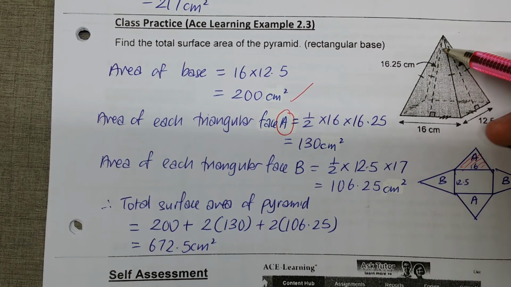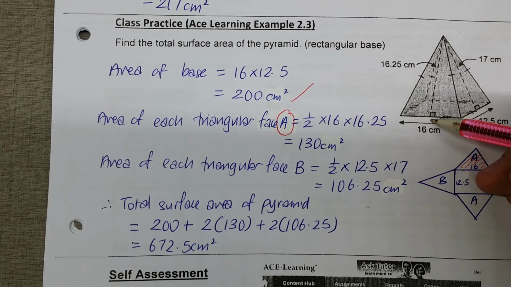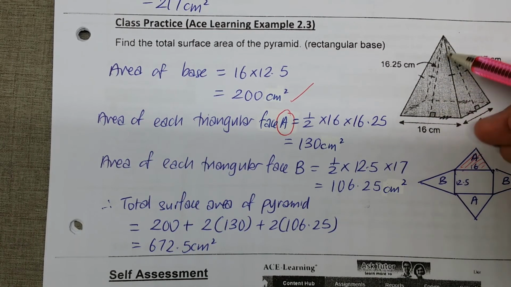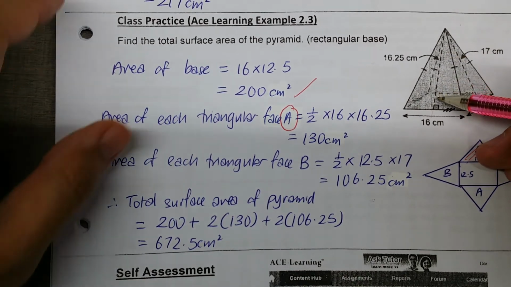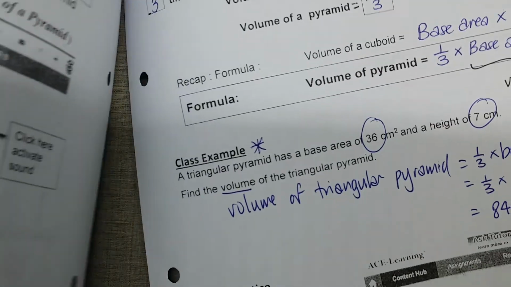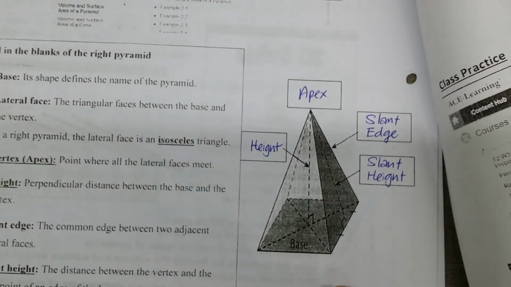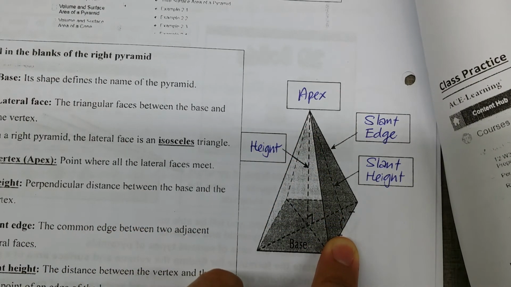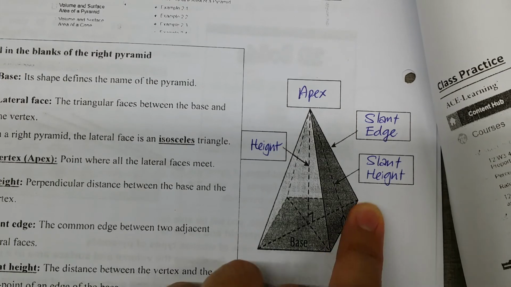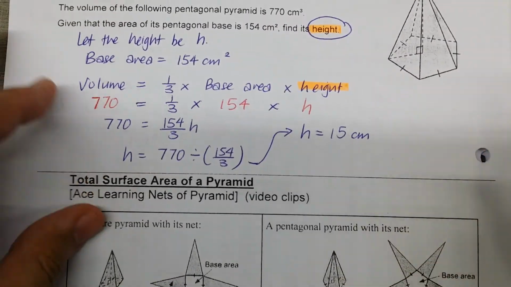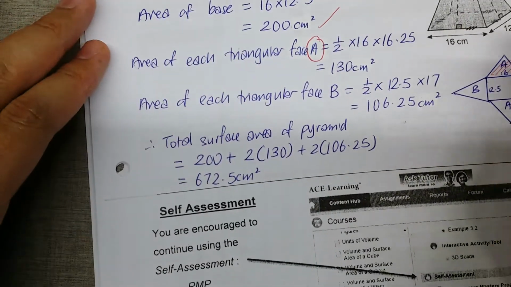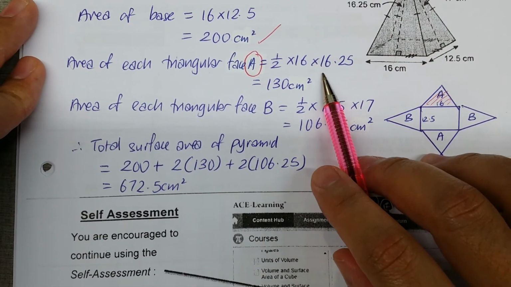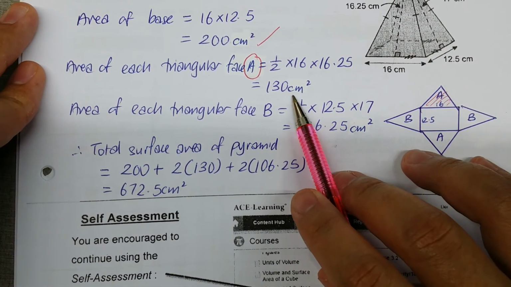Look here, 16.25, the height. Earlier on we learned, we call this the slant height, which must be perpendicular to the base. So half times 16 times 16.25, you get 130.